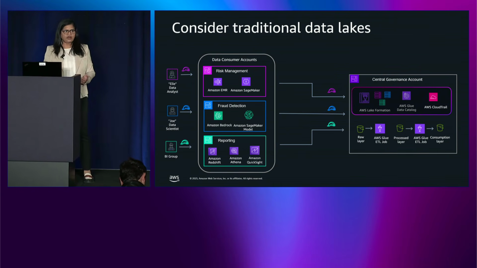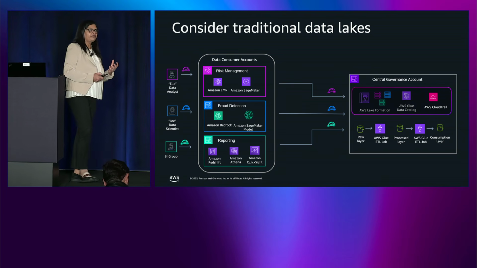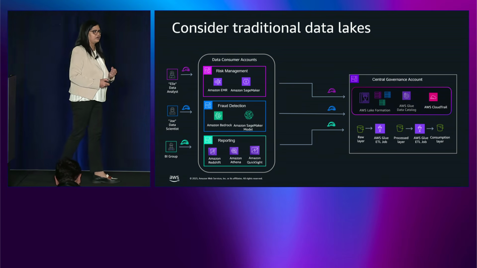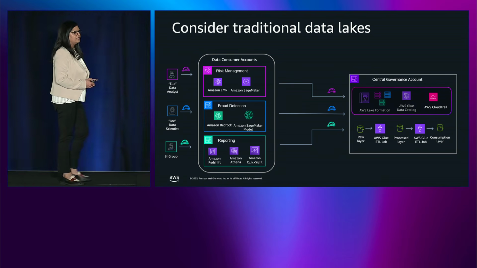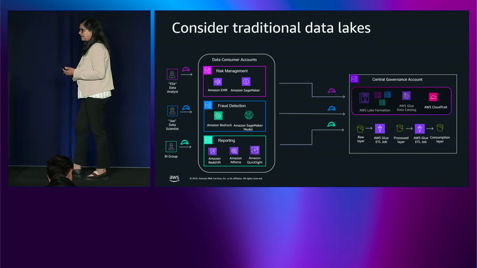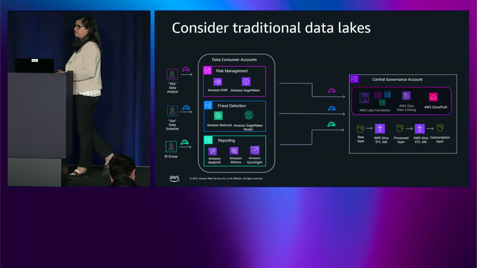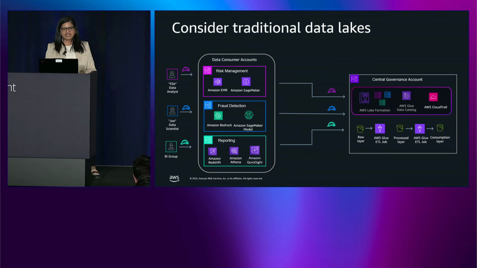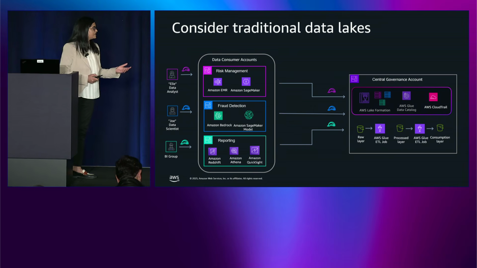Now, let's understand what that means in the context of the existing architectures that you currently own. Take the humble data lake. Your organization has been building data lakes for many years now. Data scientists and analysts access raw data in S3, but the environment faces some challenges, right?